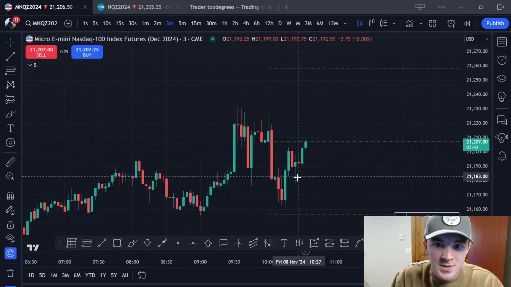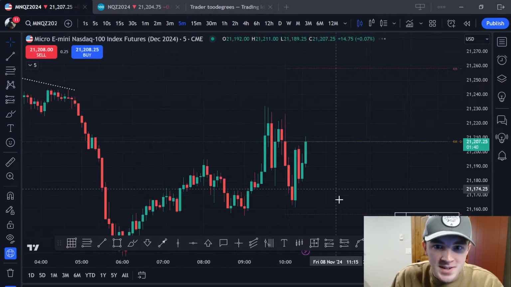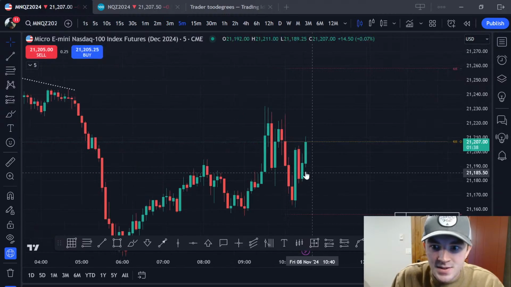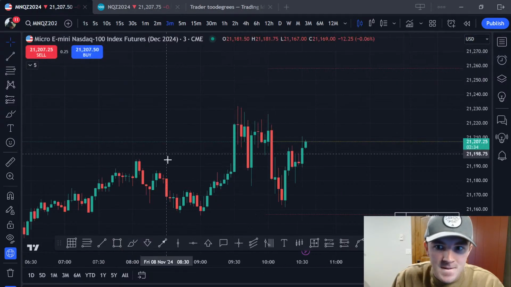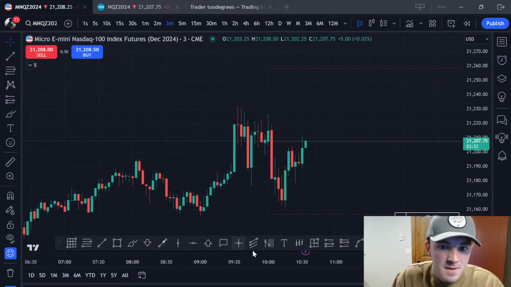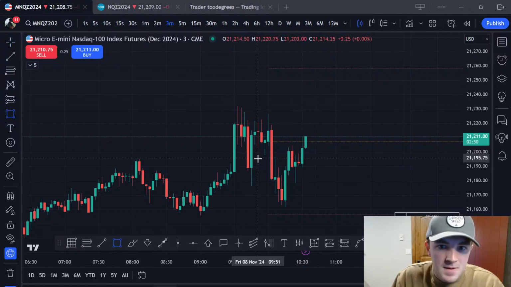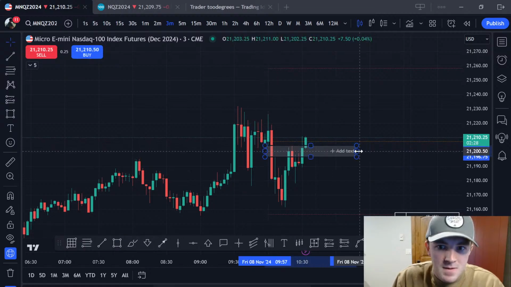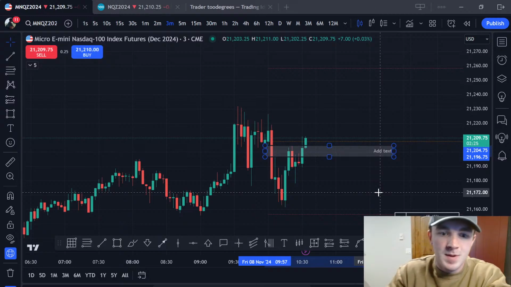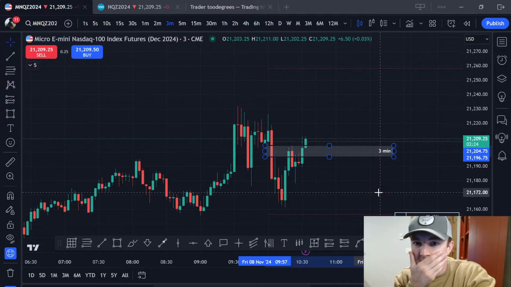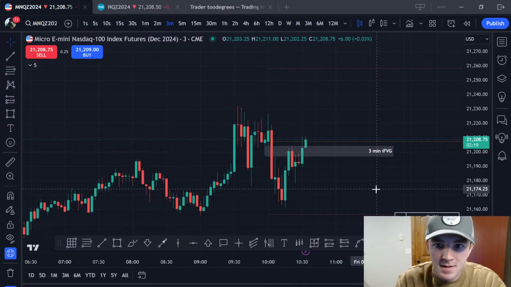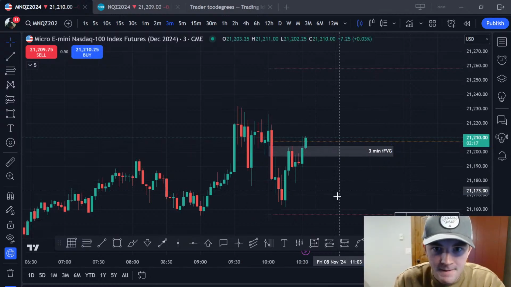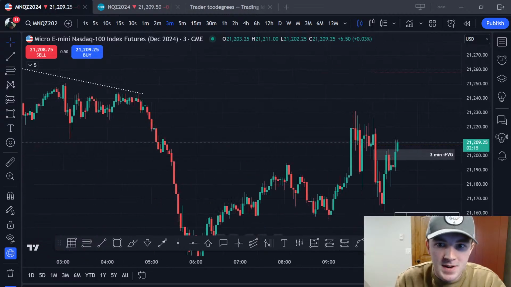So we're possibly going to close above this. Maybe if we close above this, I'll take this, because we got this trendline liquidity and this trendline liquidity.